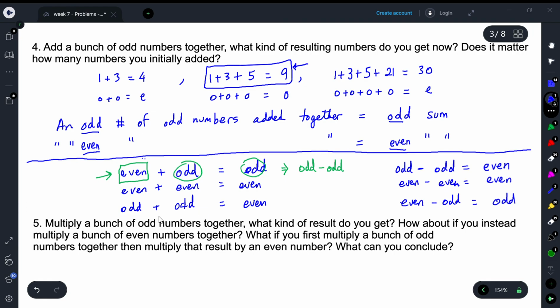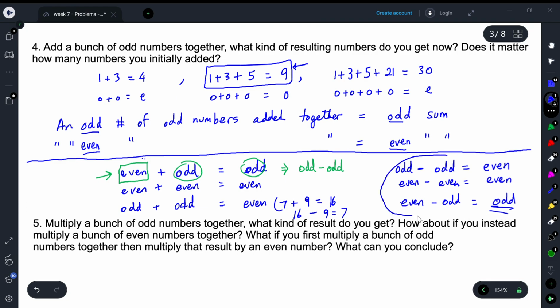For example, if 7 plus 9 is equal to 16, then 16, even, minus 9 is equal to even minus odd is equal to odd.